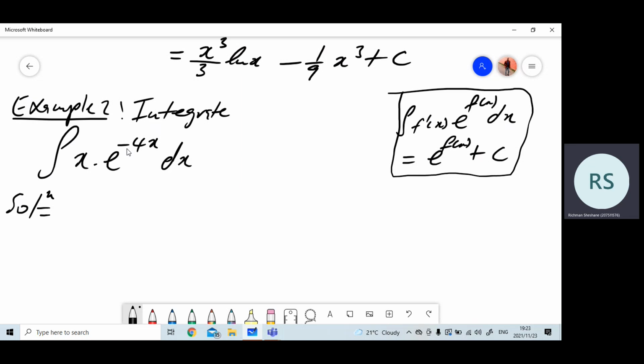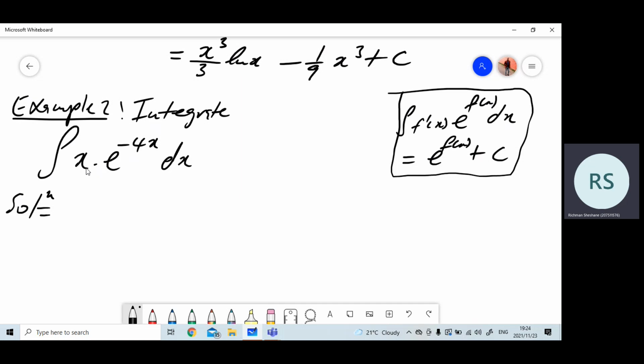All these integral problems, the question will only say integrate, so it's up to you to think which technique you're going to apply. You're always welcome to start by thinking of the Maths 1 standard integral. You see you can't apply it here because we don't have a derivative of this function.